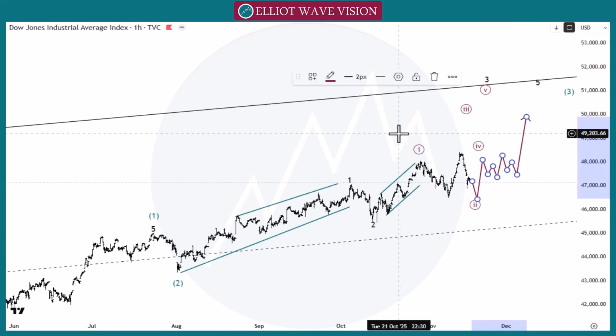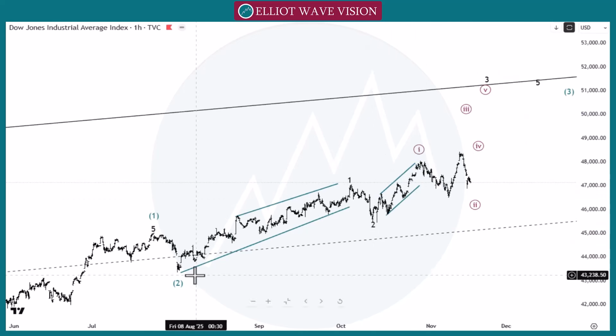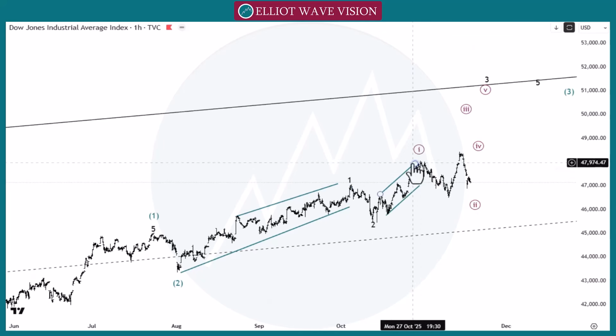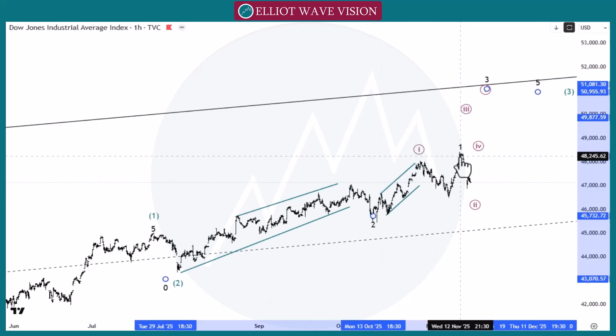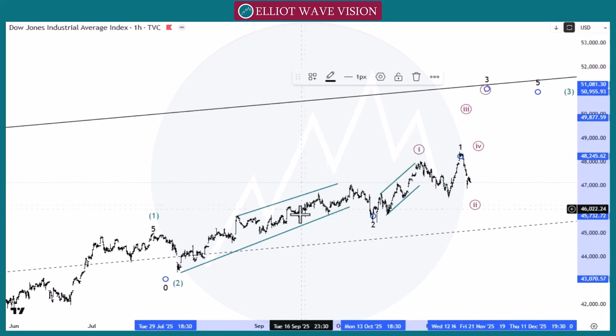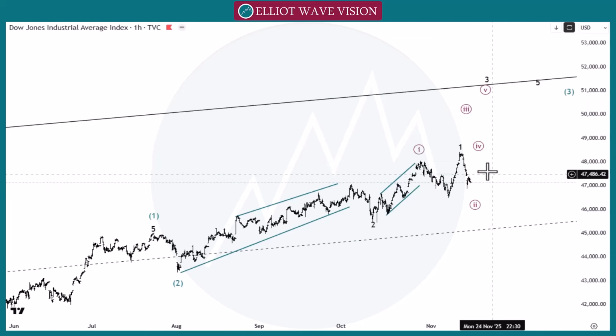So in Dow Jones we count differently, like wave 1, 2, like wave 1, 2, 3, 4, 5. That's also possible here. We can count this whole move as a diagonal. Then the market goes towards 45,000. But the main thing is that we are expecting a large correction after this 50,000.